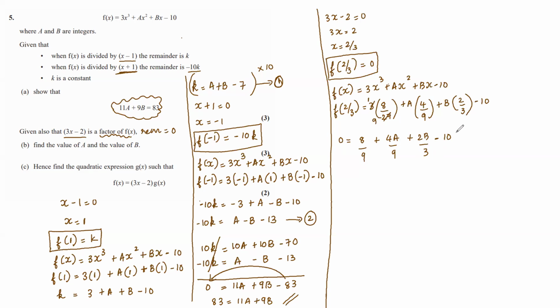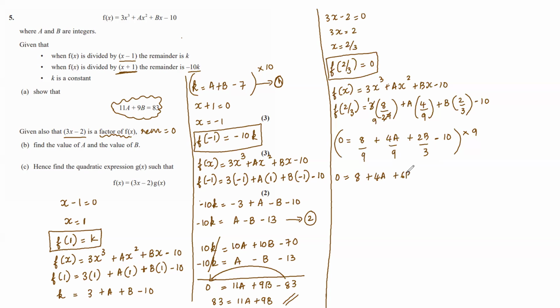To remove the denominators, we can multiply this whole equation by 9. So 0 multiplied by 9 is 0. 8 by 9 multiplied by 9 is 8. 4a by 9 multiplied by 9 is 4a. 2b by 3 into 9, that is 2 into 9 is 18, 18 by 3 is 6.